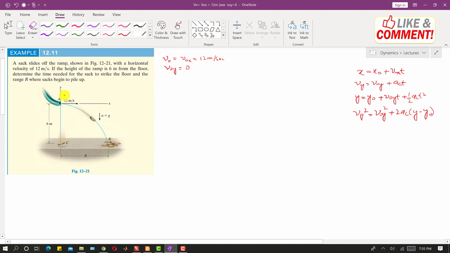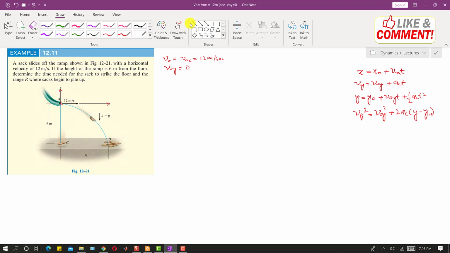To solve this problem, first we have to define our coordinate system, that is, where our origin is. Let's say this is our positive x and this is our positive y direction, and the release point, point A, is our origin. Then this release point has the coordinates 0, 0.